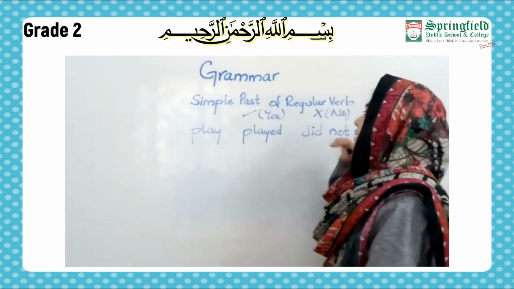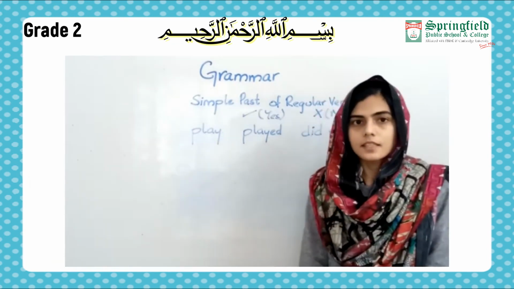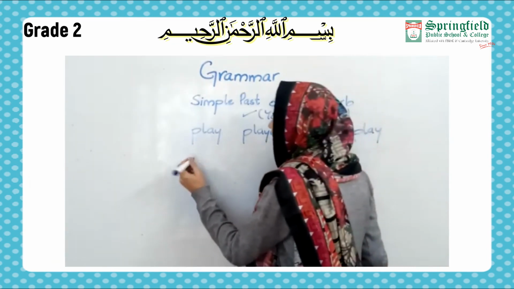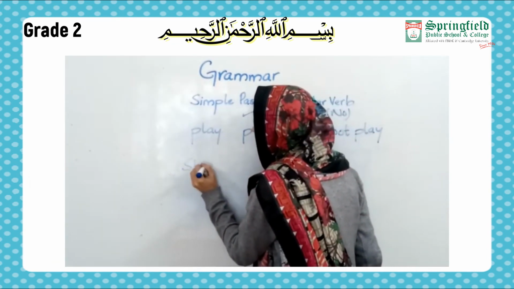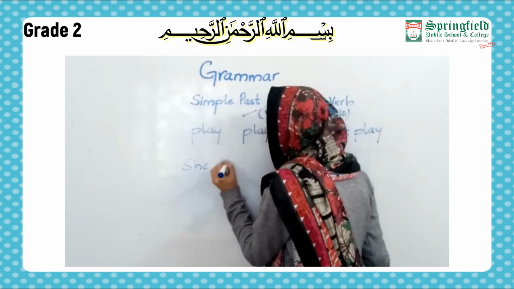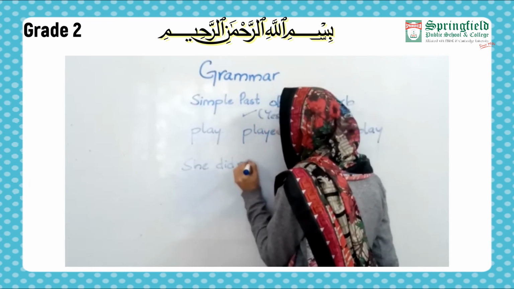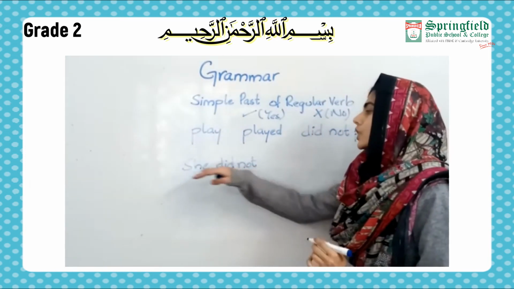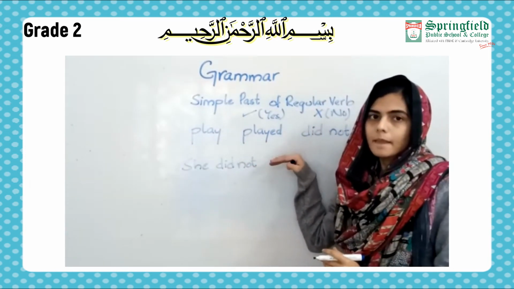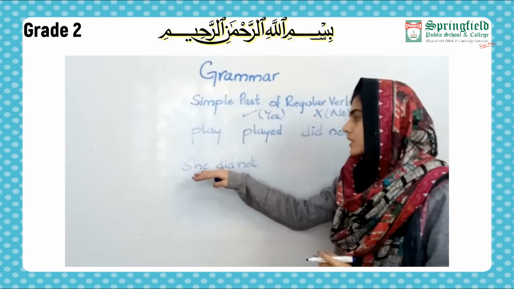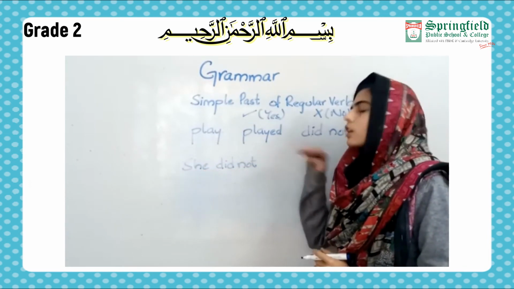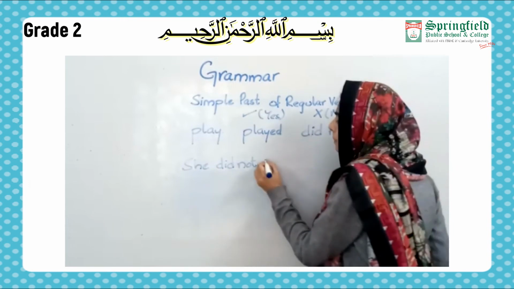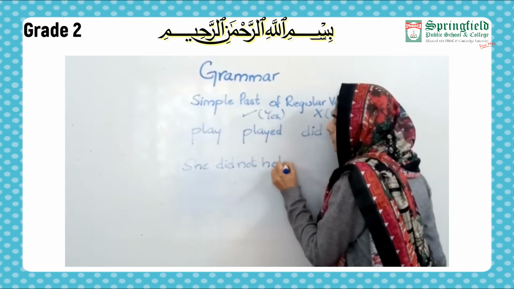Now let's use this negative form and make a sentence. Like we have got a sentence, she helped me. In order to make the negative of this sentence: she did not help me.